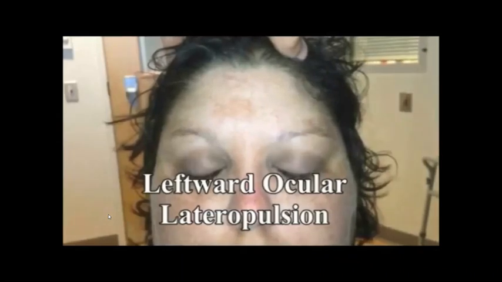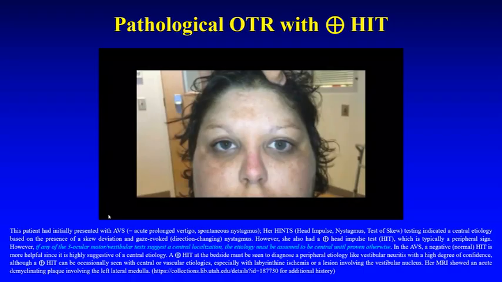However, there is a skew deviation. The right eye goes down, left goes up. So once a skew is present, it has to be central. Closing the eyes causes the lateropulsion of eyes to the left. She had an infarct in the left dorsolateral medulla.